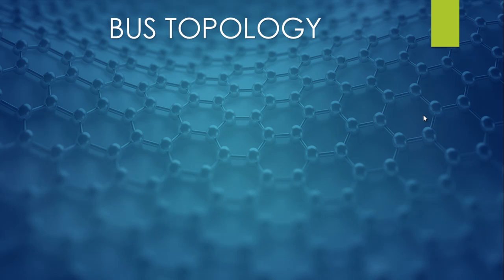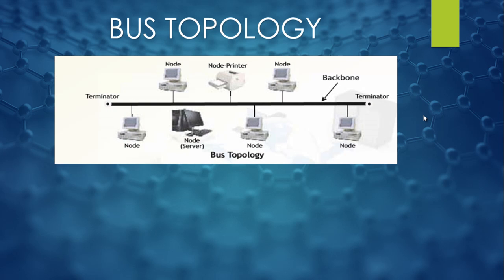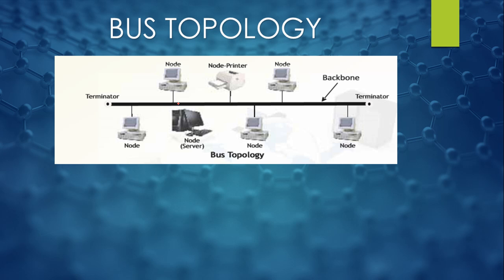So what happens in case of a bus topology? Let me show you a picture of the bus topology network. In this picture you can see that there is a single cable, and at both the end points of the single cable a device named terminator is attached.